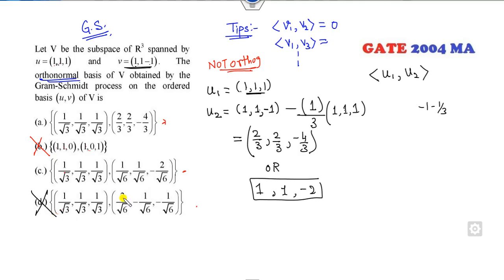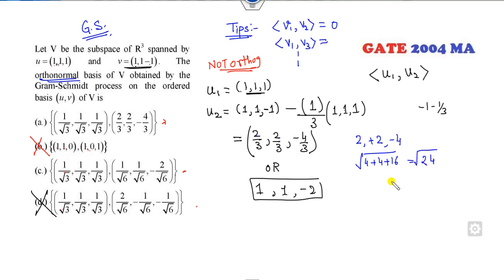This option is cancelled, it's 2, minus 1, 1 here. Now out of these, which one is the correct option? You will get 2, 2 and minus 4. Take the norm of this: 4 plus 4 plus 16. So what is the answer? It's 24.